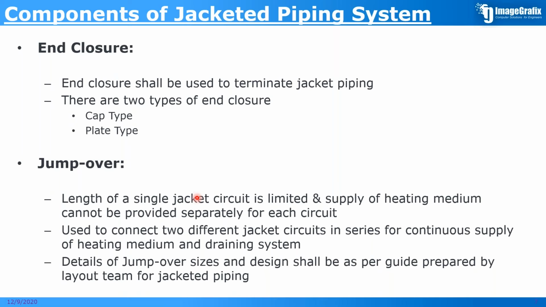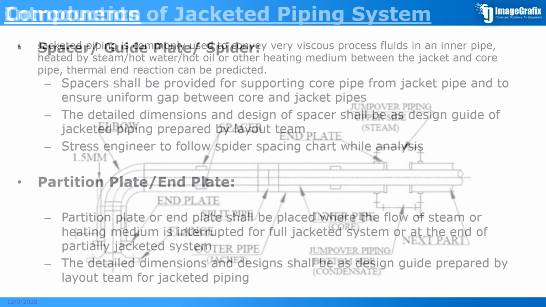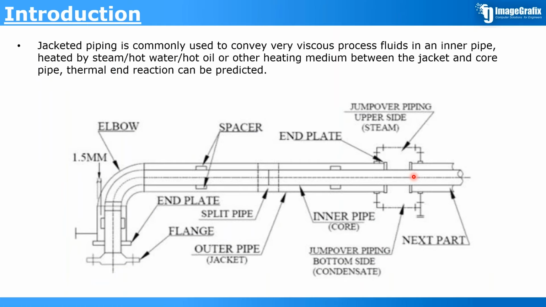The length of a single jacket circuit is limited, and the supply of heating medium cannot be provided separately for each circuit. Most importantly, whenever we have special parts coming into the picture where the jacket is not to be provided, I cannot have the heating medium start at each and every start point of my jacket piping. Once at the start point I provide my heating fluid inlet, the other end should be only for the outlet or the end terminal only.